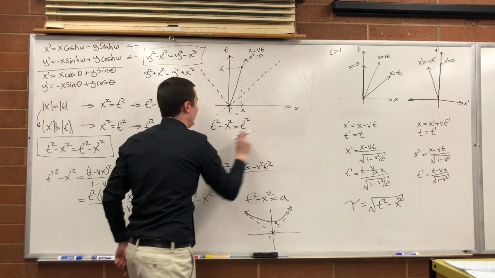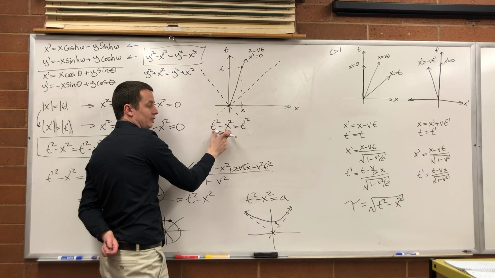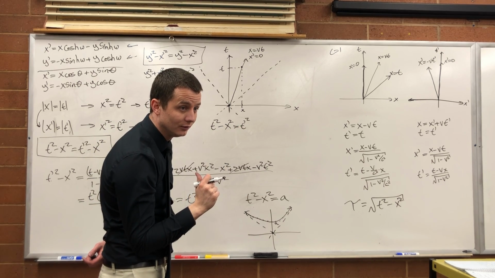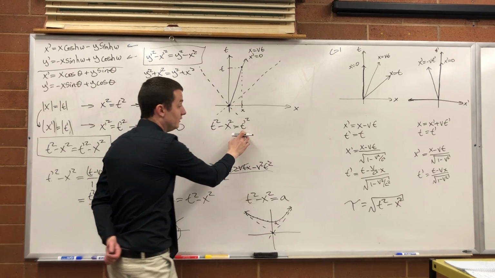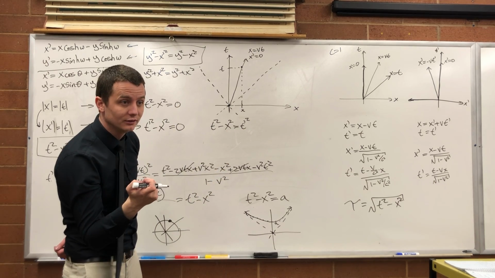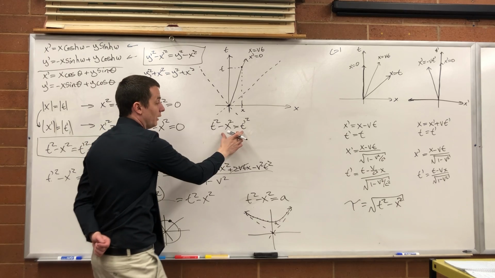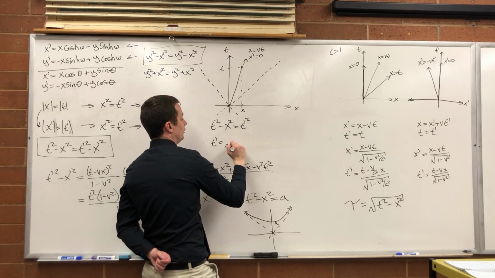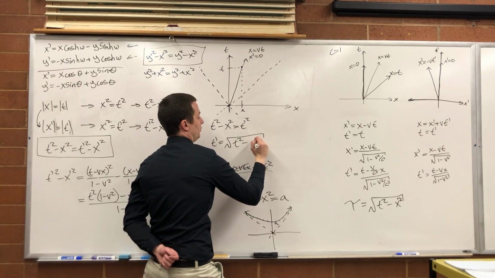So in this special scenario, what you calculate as t squared minus x squared will just give you the t prime for me. But what is that t prime for you? t prime is how many seconds I measure off. 10 seconds. So take the square root of both sides, and so we get t prime is equal to the square root of t squared minus x squared.